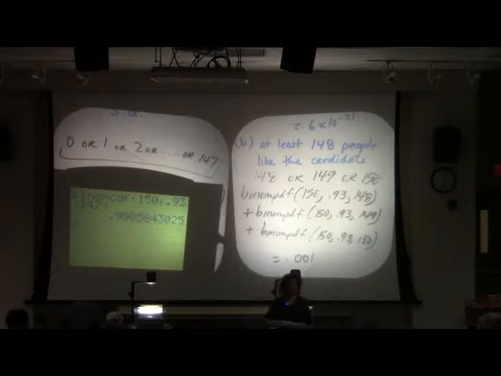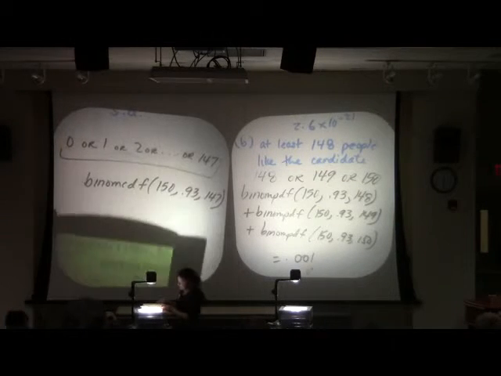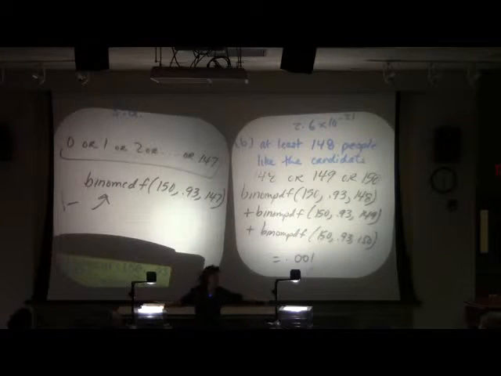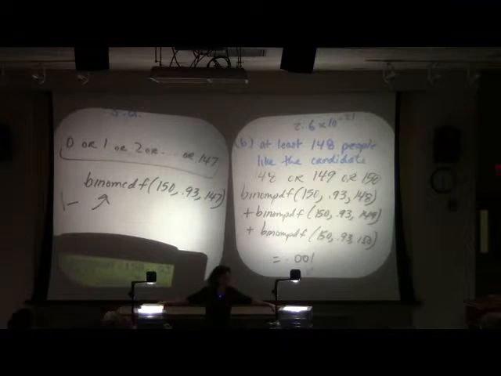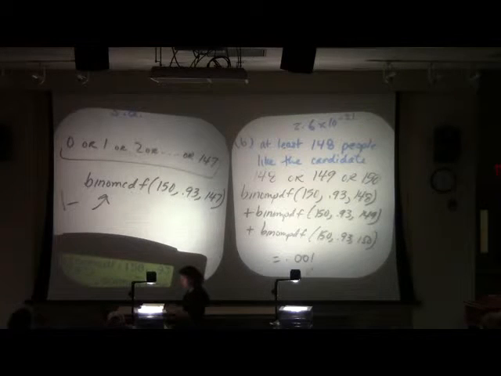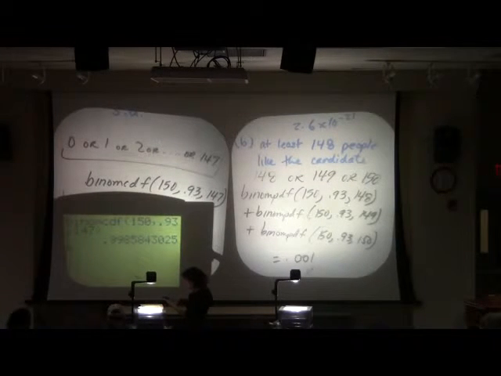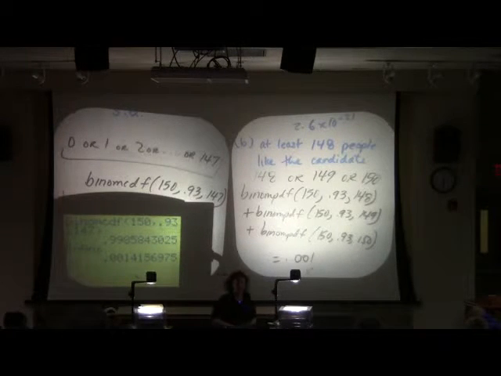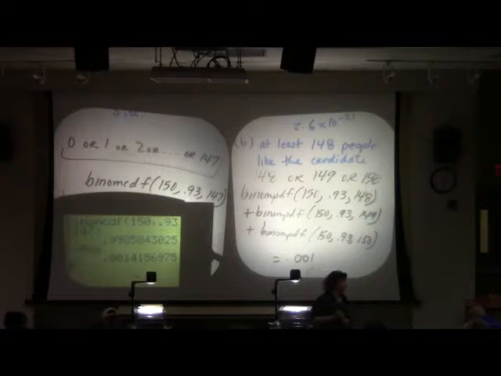Remember, everything adds up to 1. So, do you guys agree if I took 1 minus this, I would get what I was looking for? Yes. So, and again, you don't have to do it that way if you don't want to. But look, we got the same thing. Come on, how cool. Oh my gosh. Yeah. You guys with me?